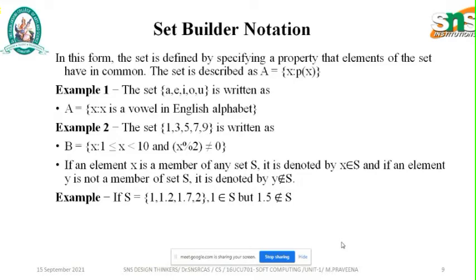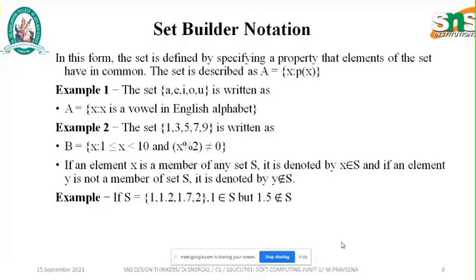See the example: the set {a, e, i, o, u} can be written as A = {x : x is a vowel in the English alphabet}.